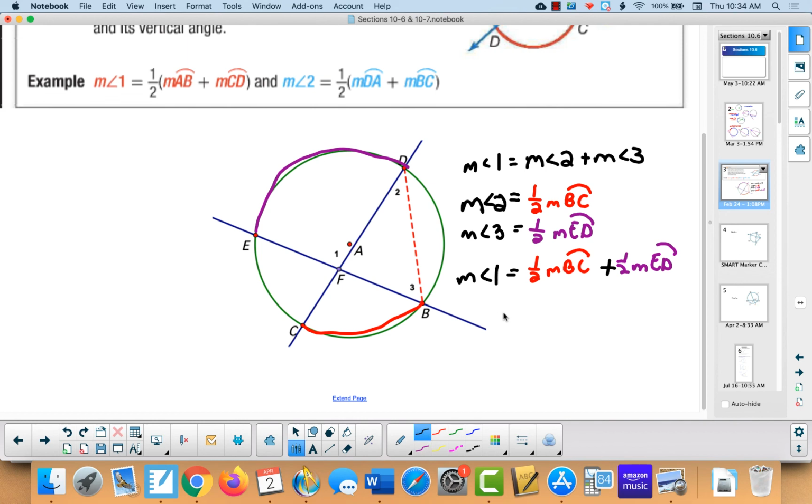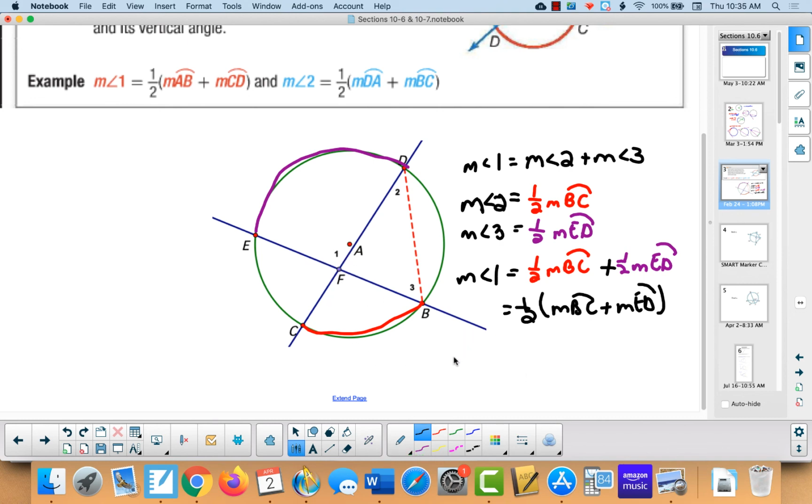Factoring out that 1/2 gives us 1/2 the measure of arc BC plus the measure of arc ED. Notice that BC and ED are the intercepted arcs for angle 1 and its vertical angle.